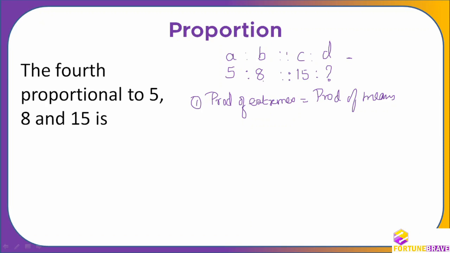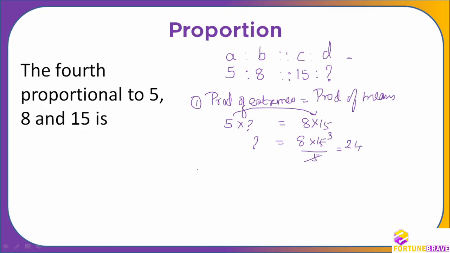Product of extremes will be 5 into question mark. So 5 into question mark is equal to 8 into 15. I need to find the question mark. So I'll send this 5 to the other side, it becomes 8 into 15 divided by 5. 5 threes are 15, so 8 threes are 24. That will be your question mark, the fourth proportional.